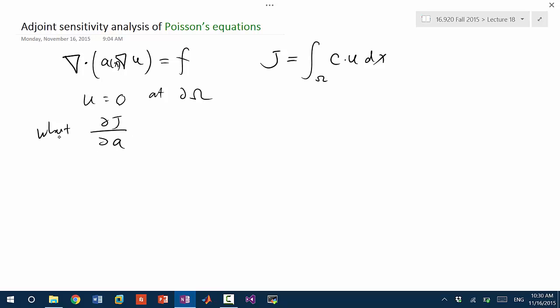And this derivative here is actually a functional derivative. This partial J, partial A by itself is a function. And there is no corresponding direct sensitivity analysis method we can use because it's impossible to perturb all the possible A's.